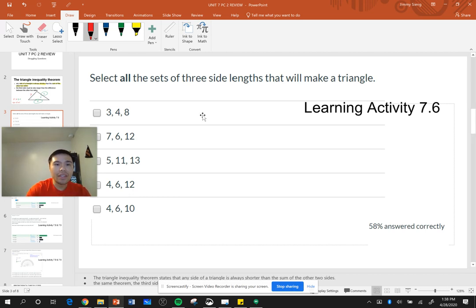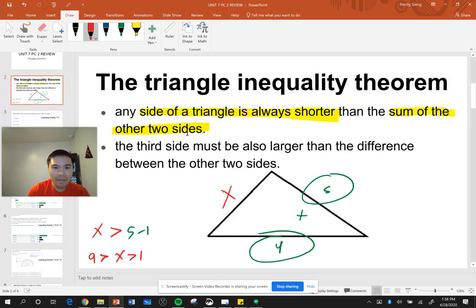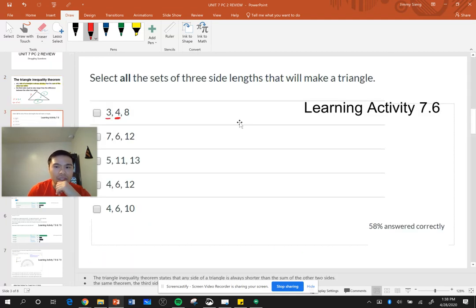So again, if I was to look at this, I can go ahead and take the sum of these two. The sum of those two has to be, in this case, taking the sum, the first part here, it has to be shorter than the sum of the other two sides for it to work. Okay, so we have 3 plus 4, that's 7.